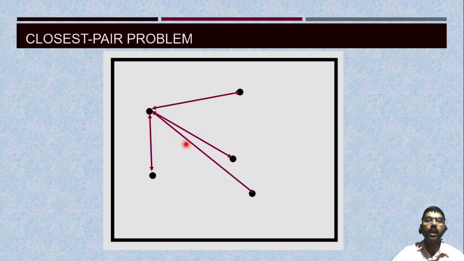Now I have the distance to all the points starting from this point. Now I want to store the minimum distance between 2 points in a temporary variable called d. Now see, this is the smallest distance I stored here.